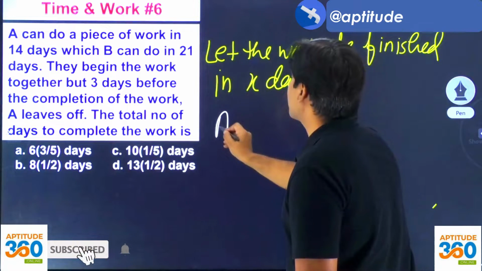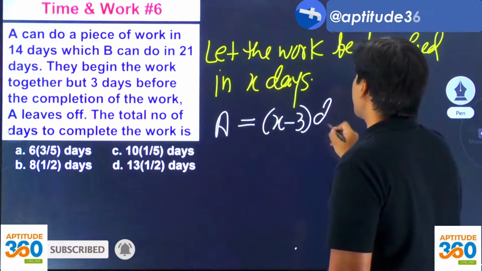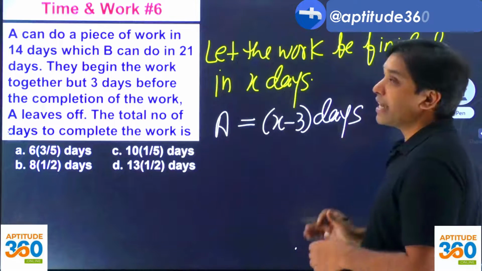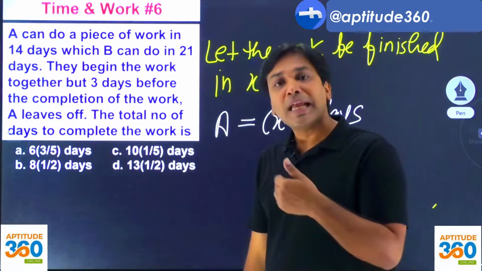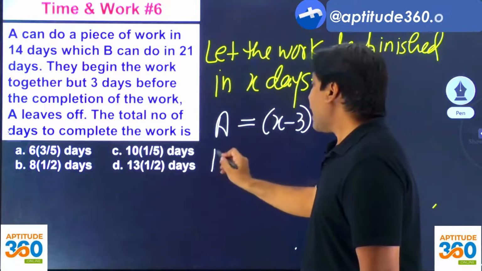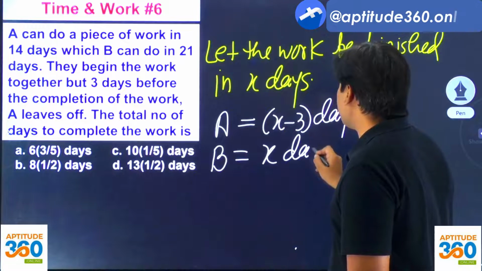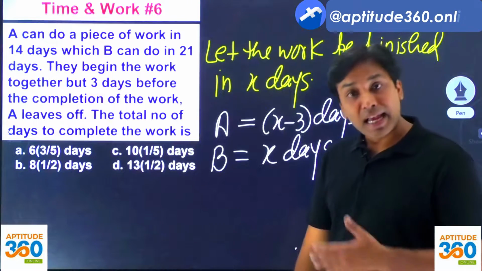A is going to be working for X negative 3 days. Do you understand this thing? Because if work gets completed in X days and उसके 3 दिन पहले A छोड़ के चला गया तो A ने काम कितने दिन किया? X negative 3 days. And problem doesn't say anything about B, so B has been working for the entire period of time, which is X days.